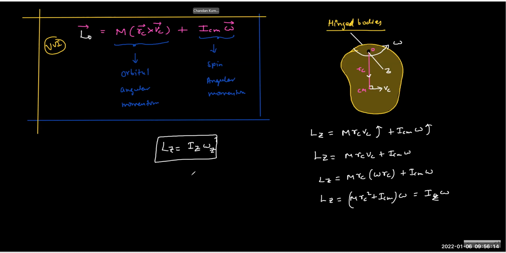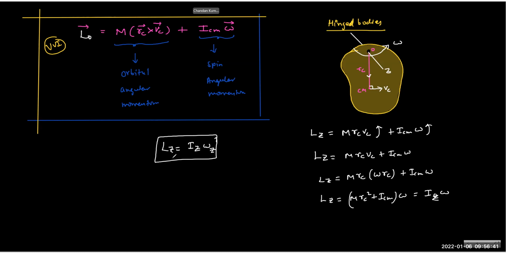So you should remember that angular momentum is a sum of two terms, and you're not supposed to always add both terms and write a third term. Only for some situations which I'm going to describe will you be able to convert the two terms into one term, but don't try to do it in every question in which you're not sure.